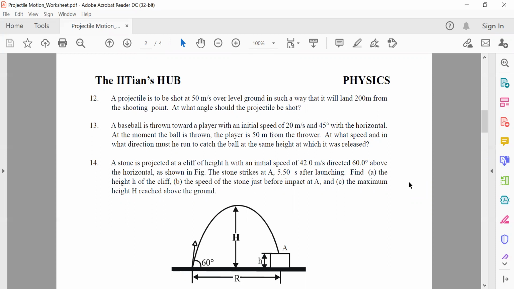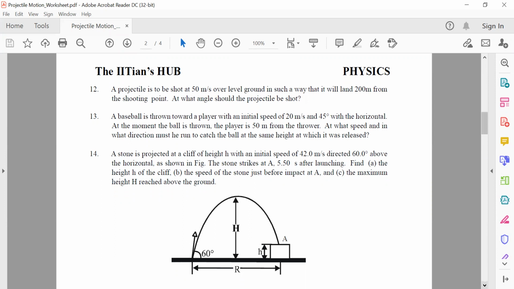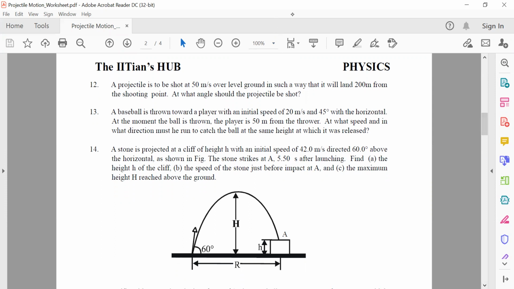We have to find the height of the cliff, the speed of the stone before impact, and the maximum height reached. So what is happening here is we have to deal with the time-based equation, because what is given to us is the time. The time at this position is 5.5 seconds. Assume the launch time is t equal to 0.